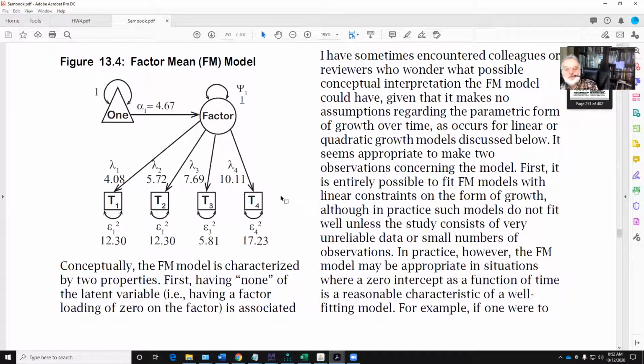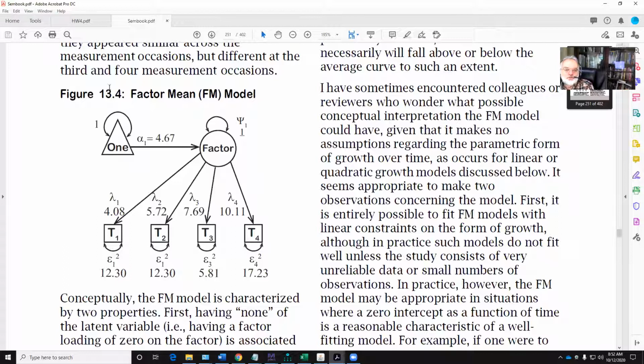So the simplest example is the factor mean model first proposed by, well, actually somebody back in the 60s proposed it, but currently we think about Jack McArdle and Daniel Epstein proposing this in the journal Child Development. Look what's going on from a path diagram perspective. The error variances are free, and I have a factor mean here, and the loadings are free.